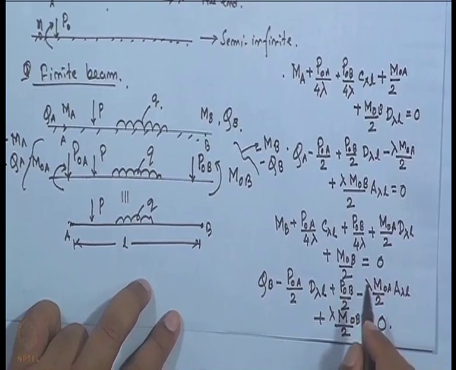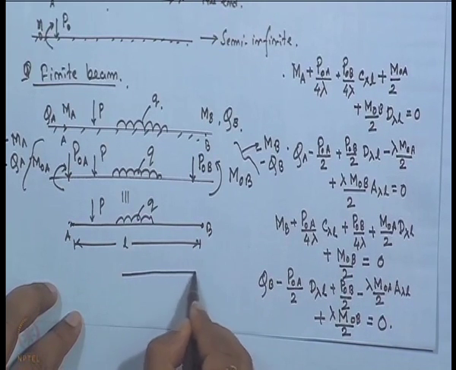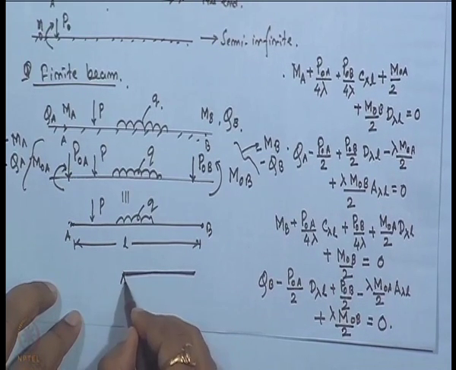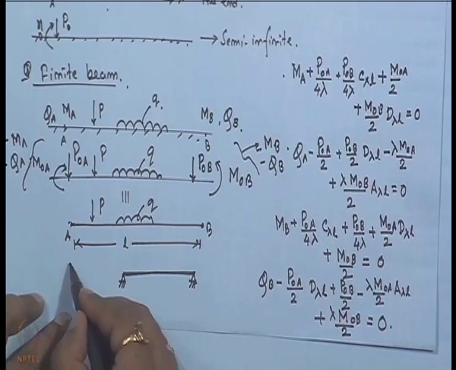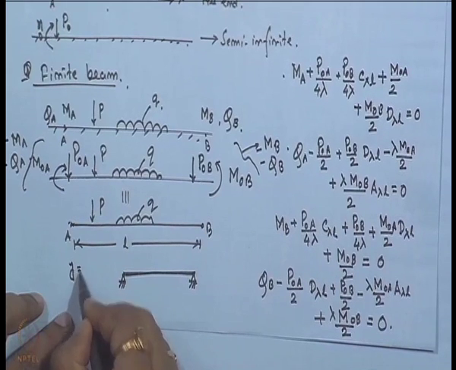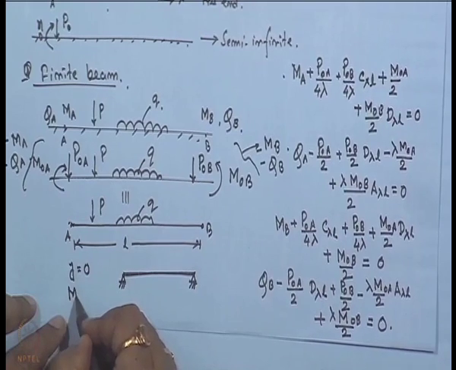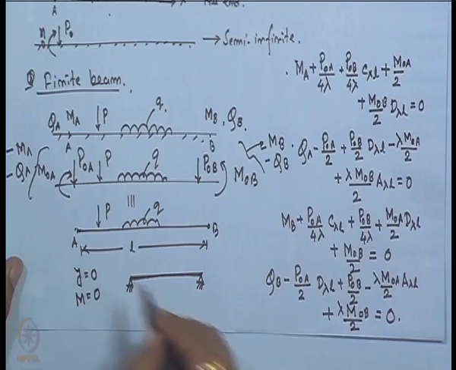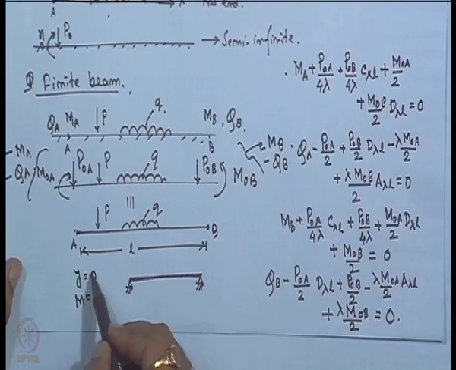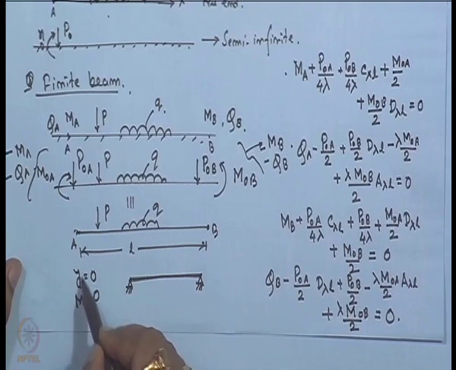For example, if it is a hinged beam with finite length, one boundary condition will be deflection at both ends is 0, another is moment at both ends is also 0. Similar to other loading and end conditions, we will also get boundary conditions. So, these boundary conditions we have to apply here, that is y equal to 0, M equal to 0.